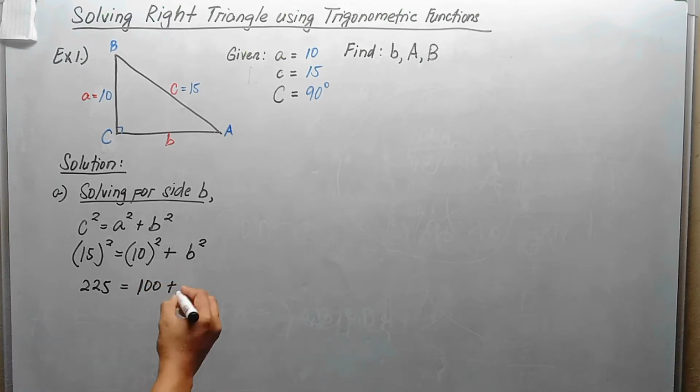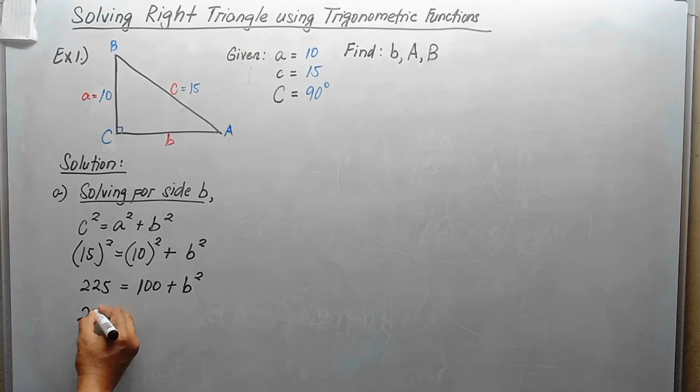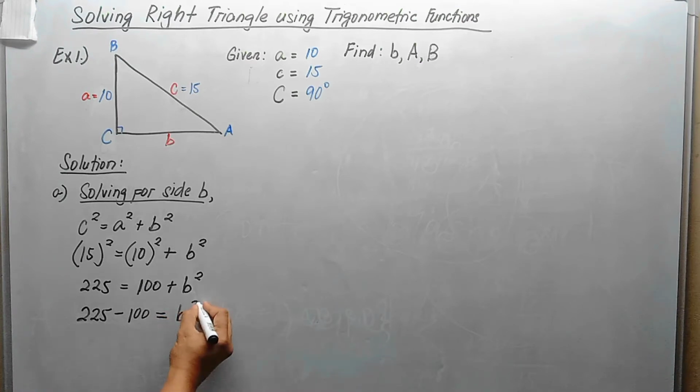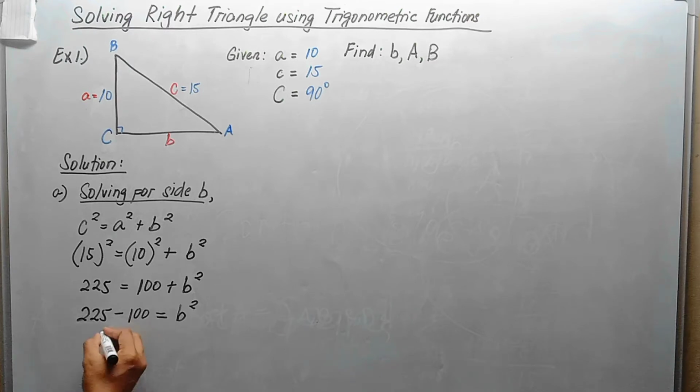Plus B squared. Okay? So transfer 100 to the left. 225 minus 100 equals B squared. So 225 minus 100 is 125, equal to B squared.